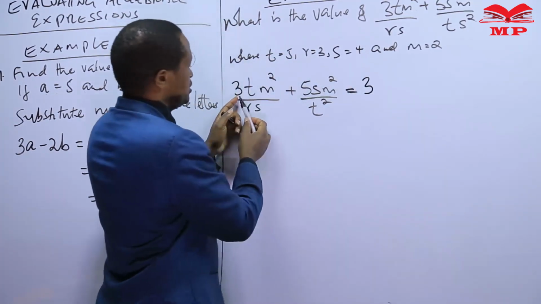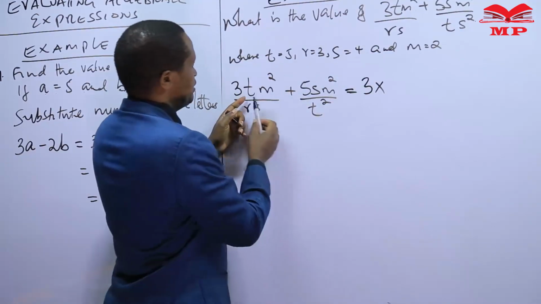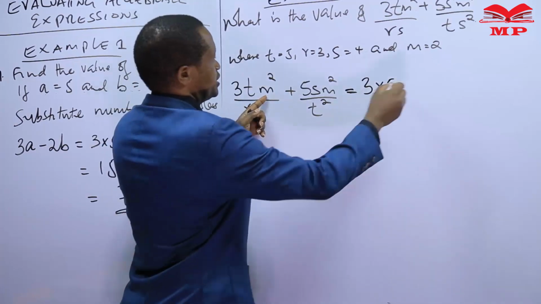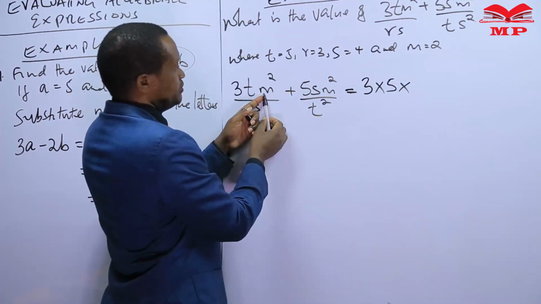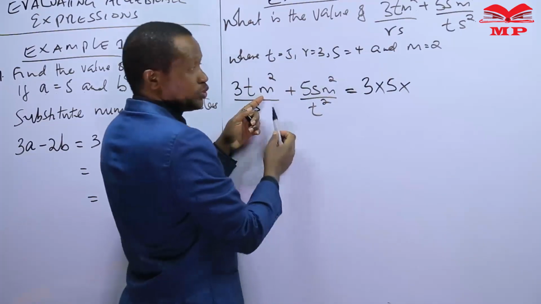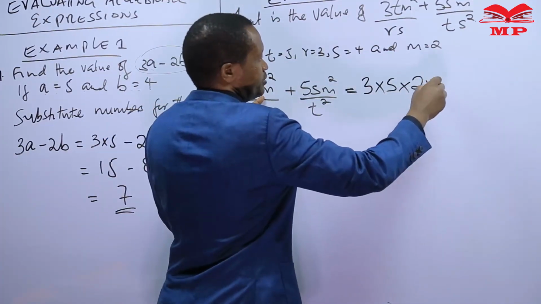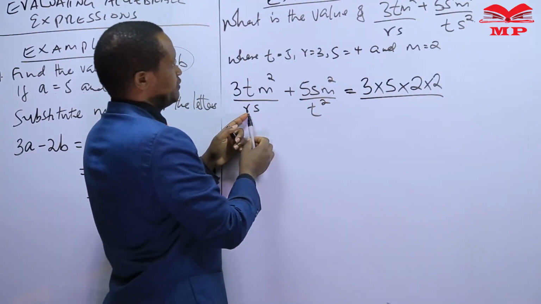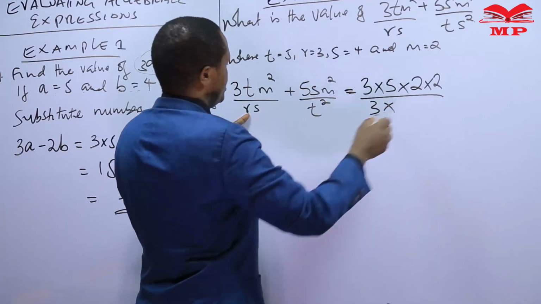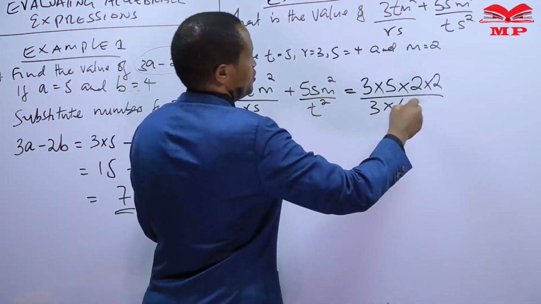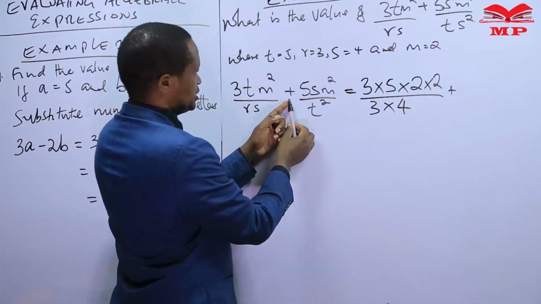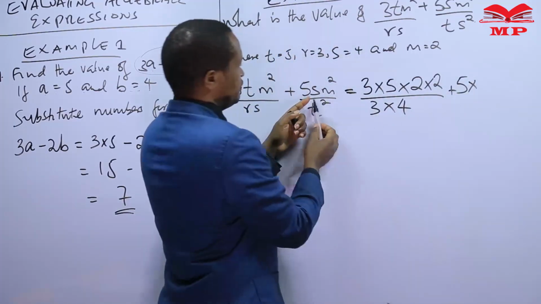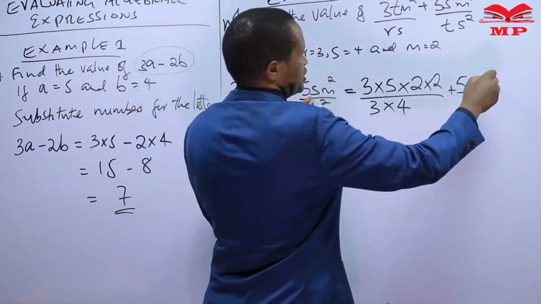3 is a number. We multiply by the value of t, which is 5, times 5, times the value of m, which is 2. So it's 2 squared. 2 squared is equal to 2 times 2. Divide by rs. The value of r is 3. The value of s is 4, plus 5 times the value of s, which is 4, times 4.